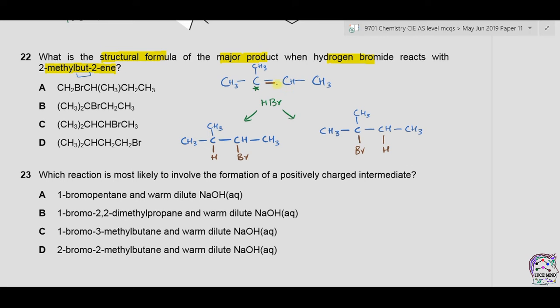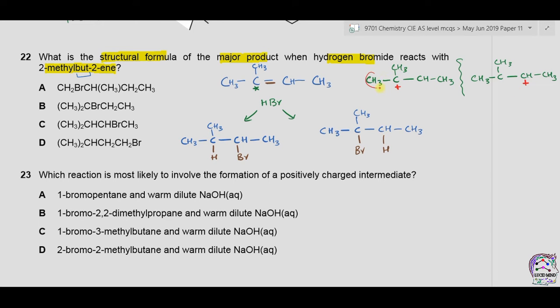Now both products are different because an intermediate carbocation can be formed on this carbon or on this carbon. The structure of the intermediate will be like this. So either this carbon is forming a carbocation or this carbon is making a carbocation.